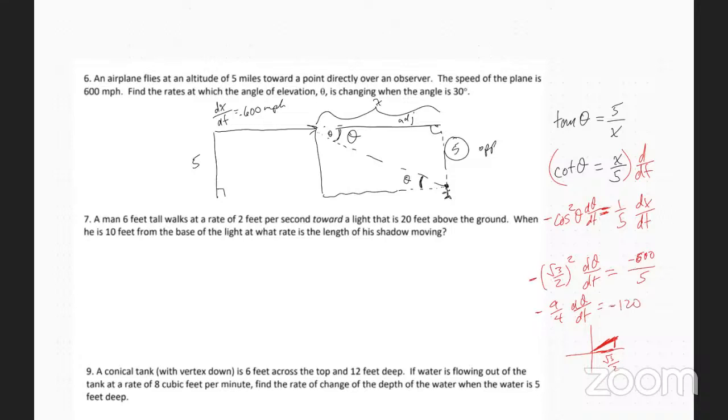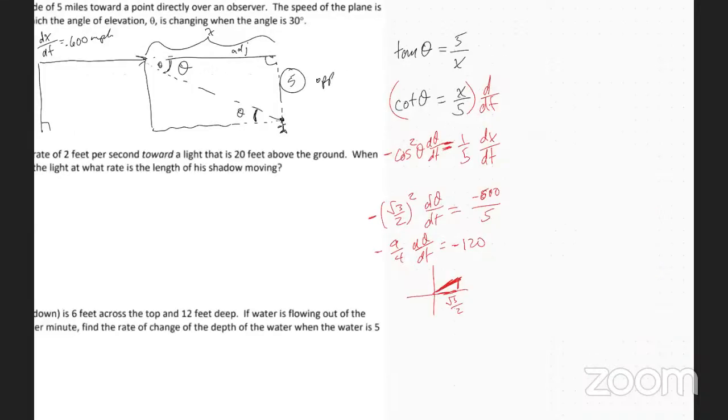d theta/dt equals negative 120 times negative 4/9. So the negatives cancel out. The 9 and the 120 can be divided by 3, so that's 3 over 40. 40 times 4 is 160 over 3. d theta/dt is 160 over 3 radians per, was this in seconds or hours?